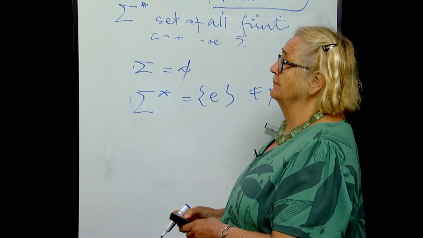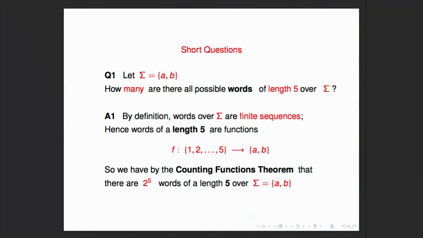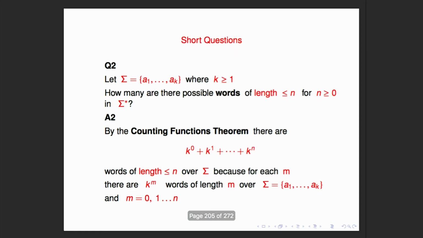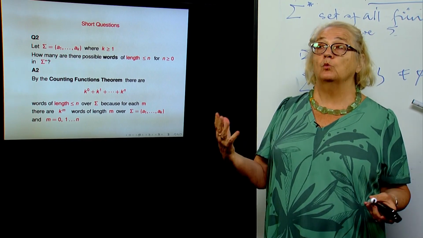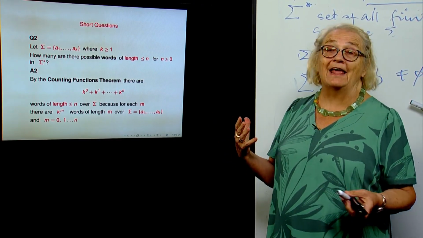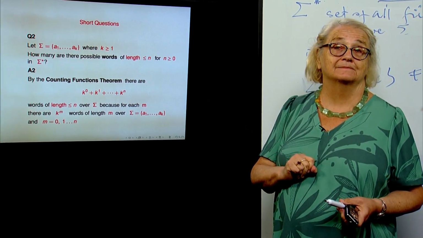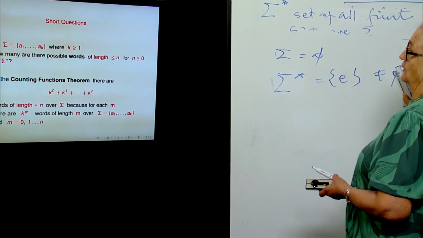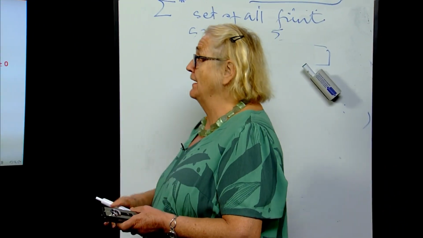And now you have simple questions. A reminder on counting functions. For example, if you have k elements in sigma, how many possible words of length less than or equal to n are there over sigma star? So what is a word of length n?